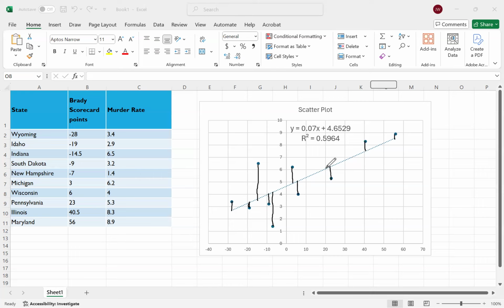We want to minimize the squares because some of these are going to be negative, some of these are going to be positive. If I just minimized the error itself, some of the error is negative, some of the error is positive, then it would cancel out. So that's what we do. We minimize the squares of these errors.